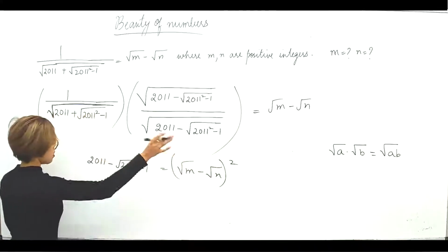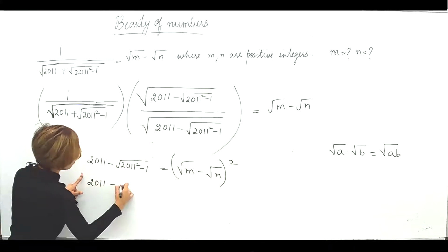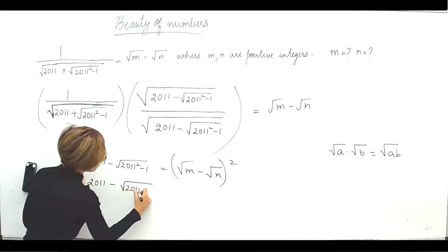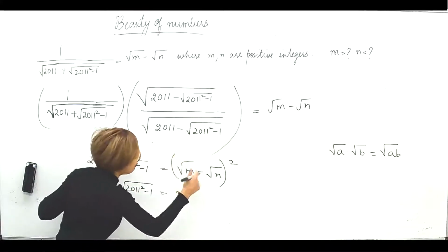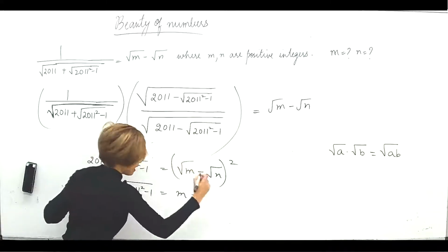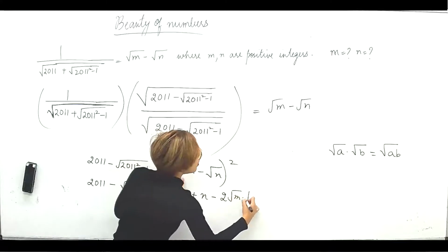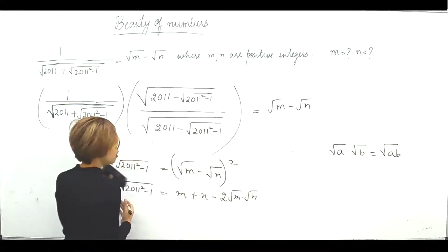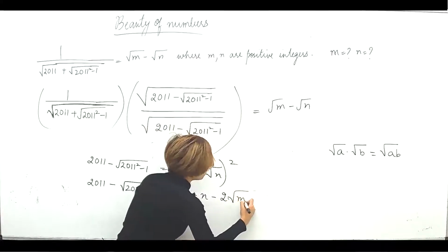And यहाँ पे let me just square it up. So left hand side remains same, 2011 minus square root of 2011 square minus 1. This is m plus n, because root m whole square plus root n whole square, which is n, minus 2 into root m into root n, which is nothing but root mn. Right? We know these properties.